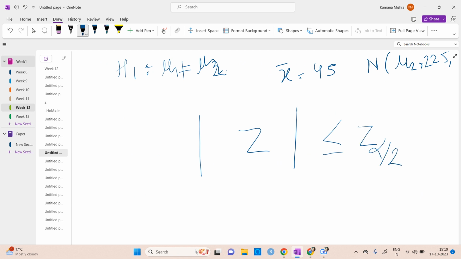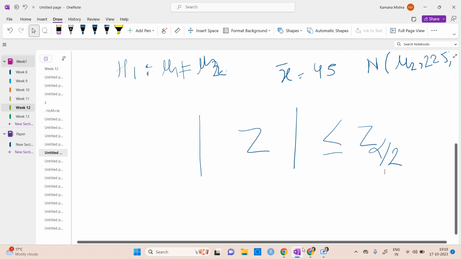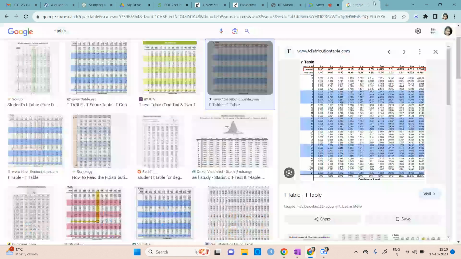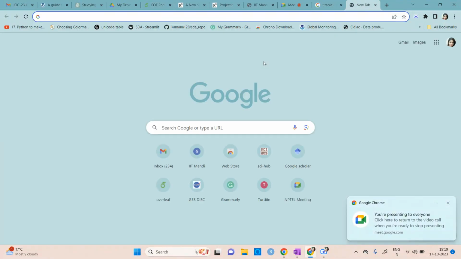It is 1.96. It is very well known, but anyway, if you want to see this, you can go through this z table.